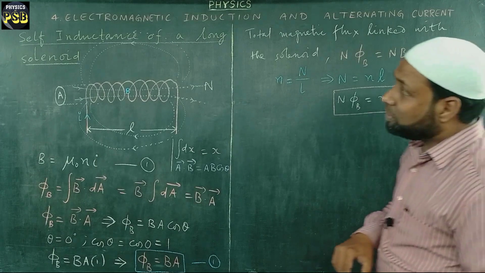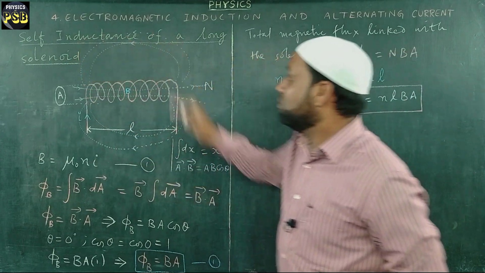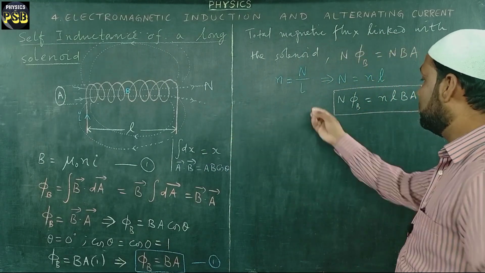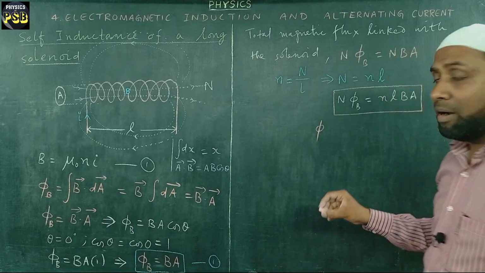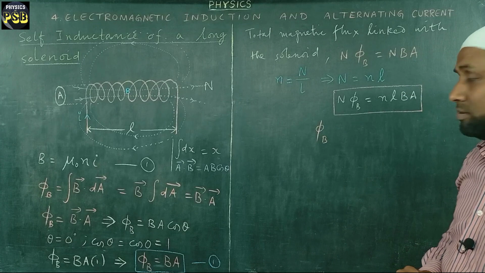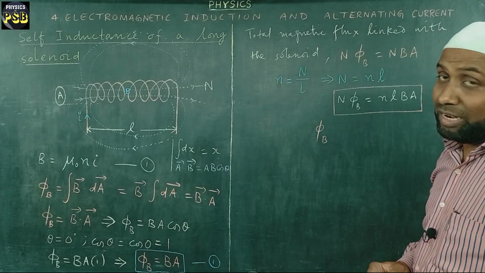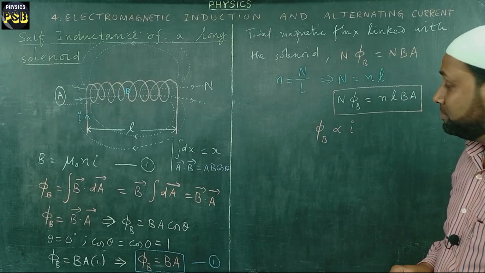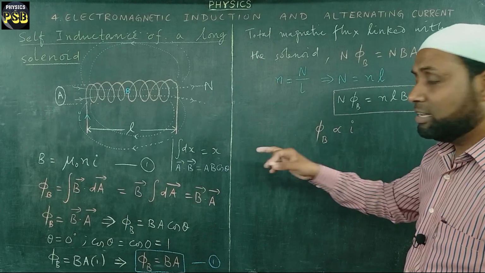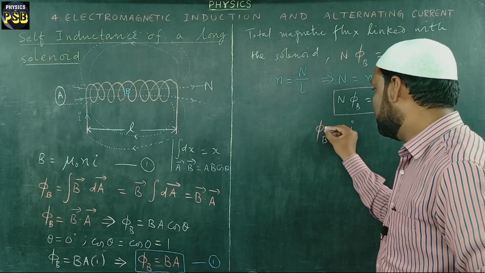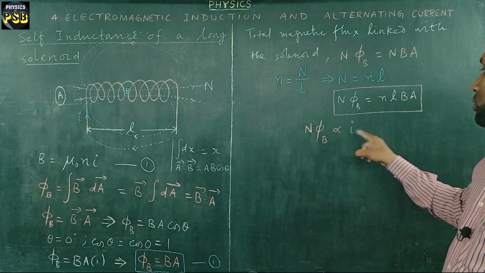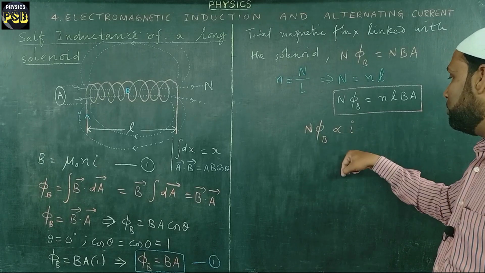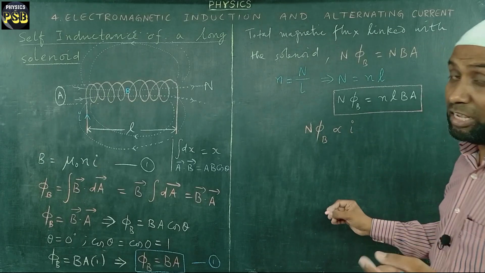So what is my aim? My aim is to get the self-inductance of this solenoid. And we know the magnetic flux linked with a coil is directly proportional to the current flowing through the coil. So here I take the total magnetic flux linked to the coil, which is nothing but N phi B, and it is found to be directly proportional to the current flowing through it, that is I. Now when I remove this proportionality, I have to include a constant along with the equal to sign.